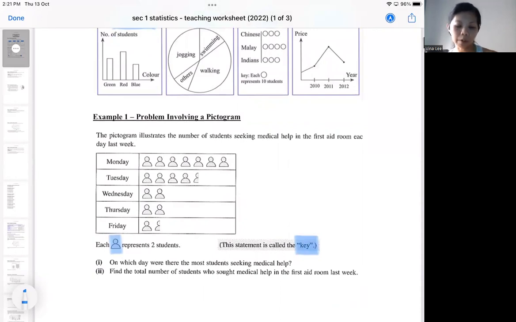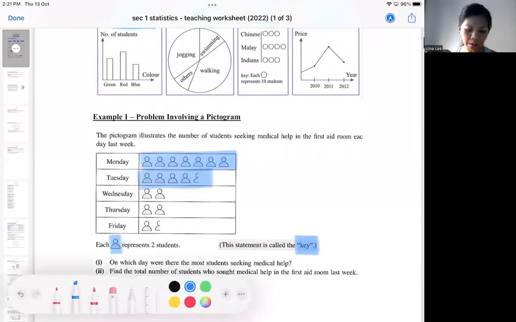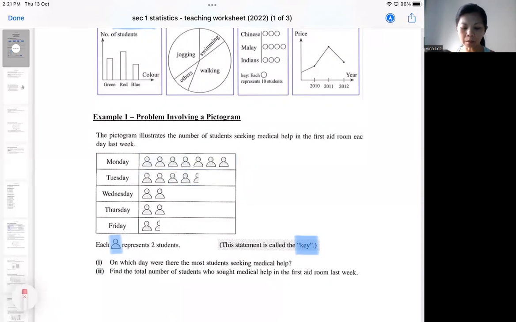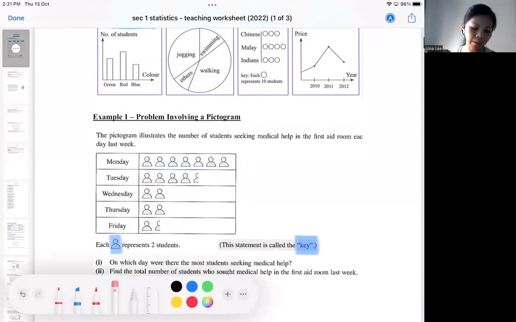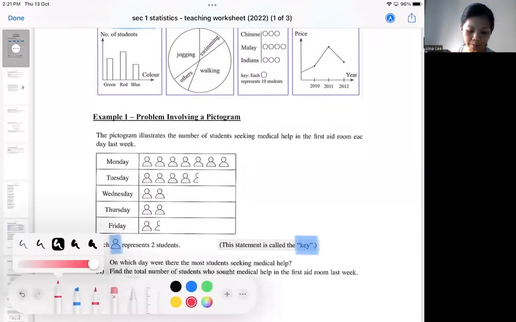In this pictogram, we show the number of students seeking medical help in the first aid room each day last week. When you see data like this, you look at the key. Each picture represents 2 students. So you might need to do some counting first.